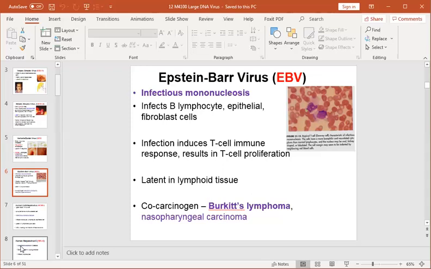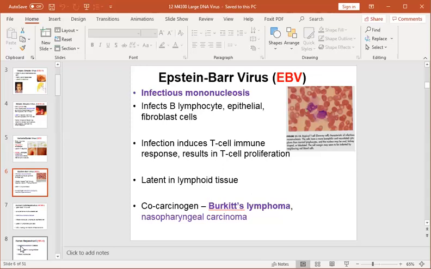So the virus remains in the virally infected cells in the lymphoid tissue, and later in life, due to reactivation of the virus or the presence of a co-carcinogen, these patients develop BL, or Burkitt's lymphoma, a type of cancer of the lymphocytes, mainly B lymphocytes, or nasopharyngeal carcinoma.